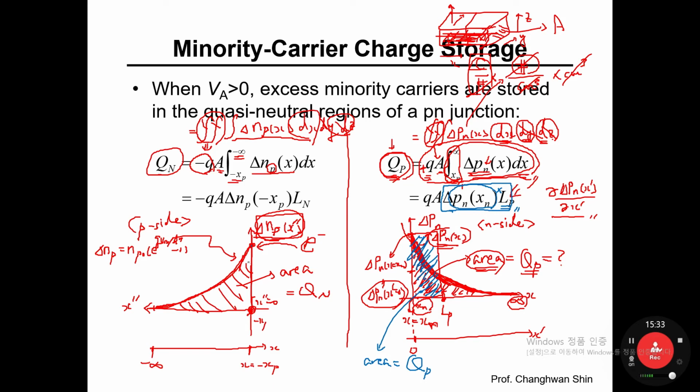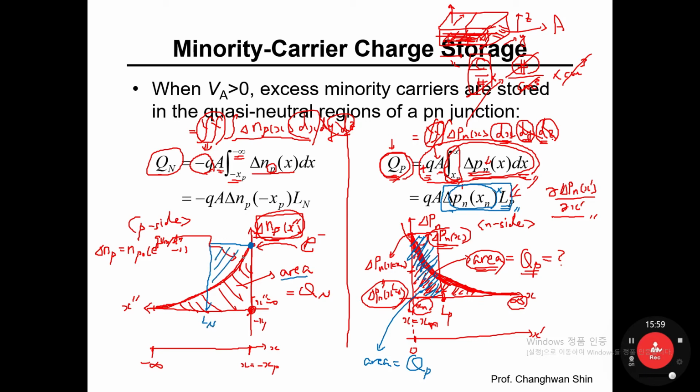So instead of doing a calculation to obtain the total area underneath the plot of delta np(x2 prime), let's do this. For a given initial value of excess electron concentration, they're going to be traveling to the p side on average by Ln.